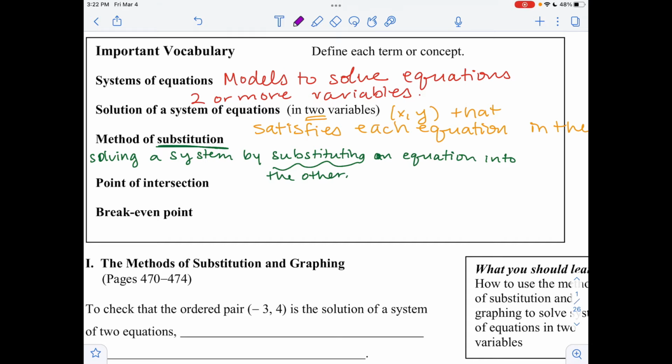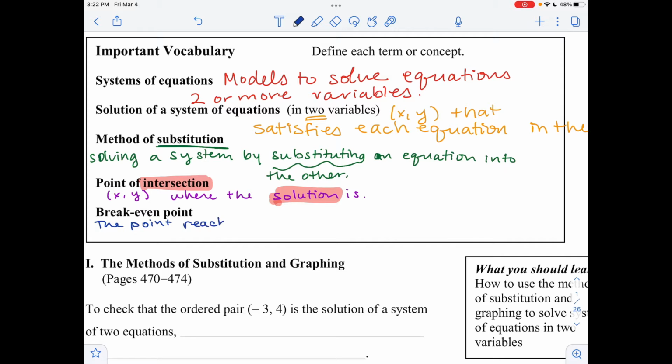A point of intersection, x comma y, is where the solution is. So I want you to start thinking of it now, but a solution and the word intersection are going to be kind of synonymous.